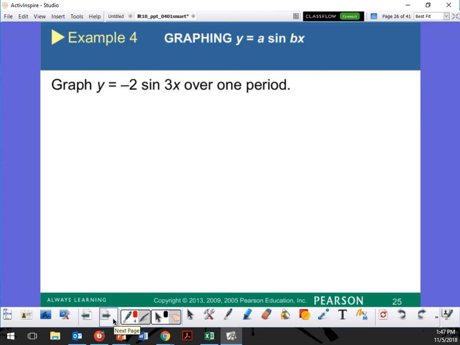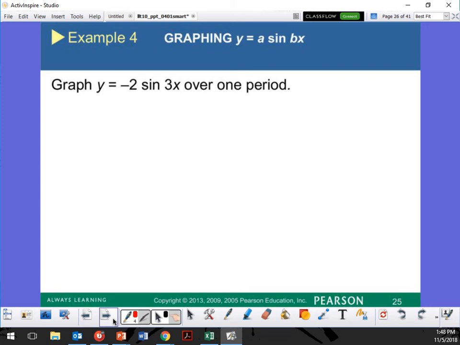Step 1. Amplitude. -2. When I was talking about this the other day, what does the negative actually do? It changes the graph, right?